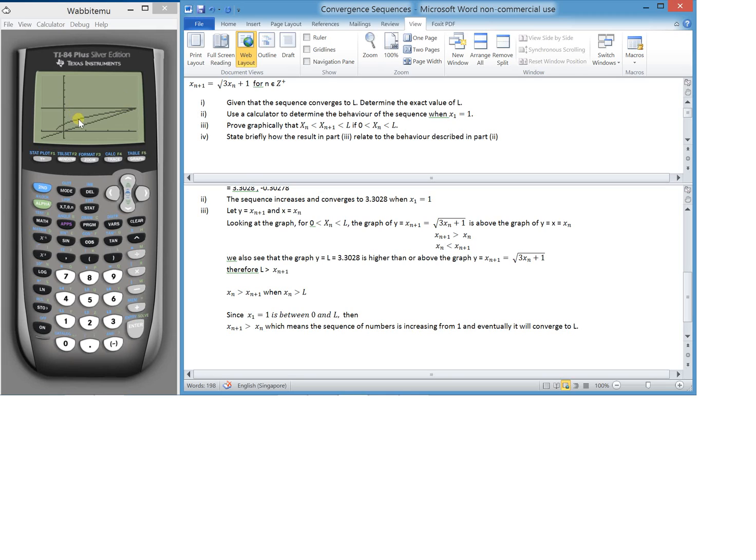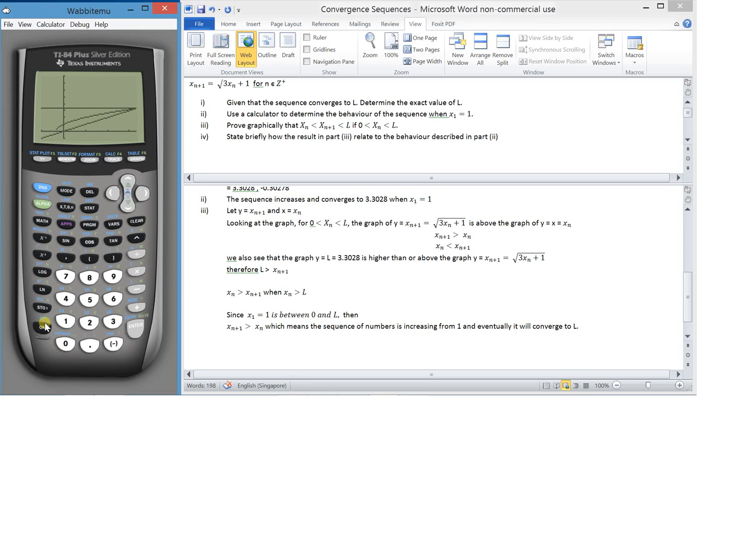And since it's increasing, it will eventually reach 3.3028 from 1. Which means the sequence of numbers is increasing from 1 and eventually it will converge to L.